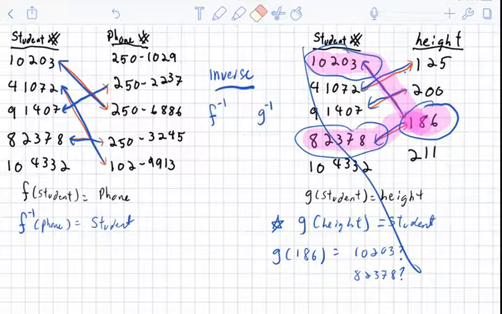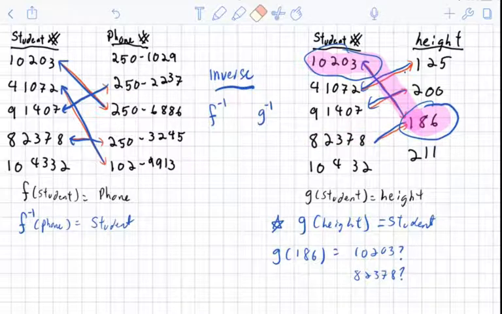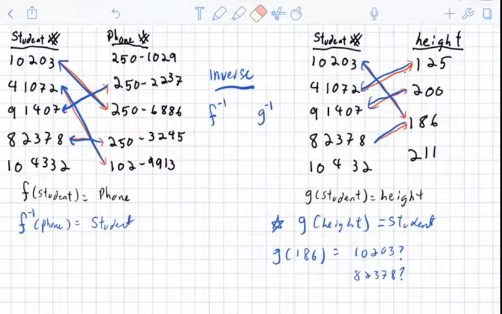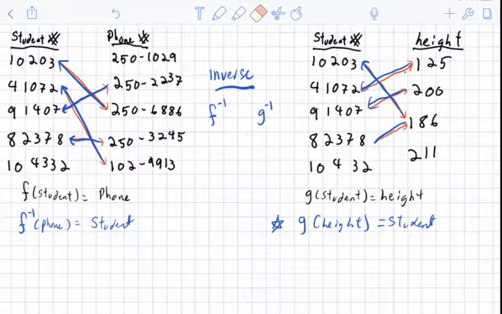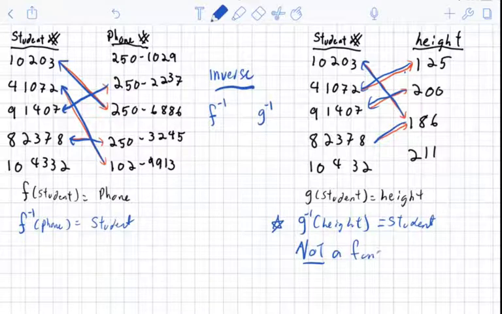Hold on, let me make this neater. By reversing the lines, I've made a new arrow diagram that's not a function. So the issue of, can you flip the arrow diagrams? You can always flip the arrow diagrams.